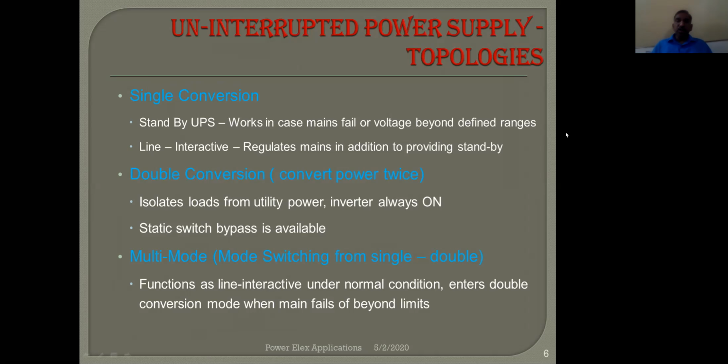Sinusoidal waveform is not that important. In that case, this EPS is used. It's not a UPS, it's an emergency power supply, so there can be changeover time. In case of UPS, changeover time is less than a millisecond, because if there is a power outage even for milliseconds, your data in the system may be lost. So UPS won't allow a changeover time from mains to battery of more than a millisecond.